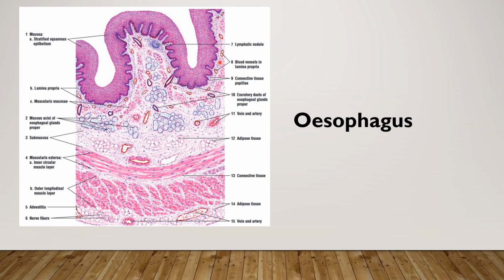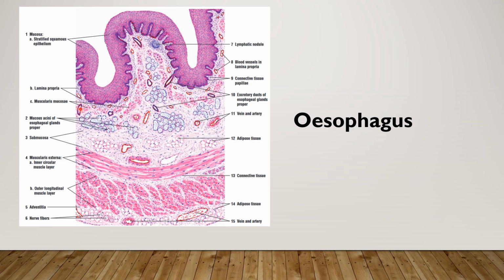It is made up of loose areolar tissue or loose connective tissue. It is having lymphocytes. Here you are able to make out an aggregation of lymphatic nodule also, and you can make out lymphocytes and blood vessels in the lamina propria. Then, as I already told, mucosa means you will be having a layer of muscularis mucosa, which is what you see here.